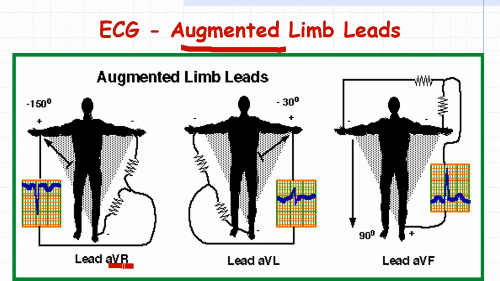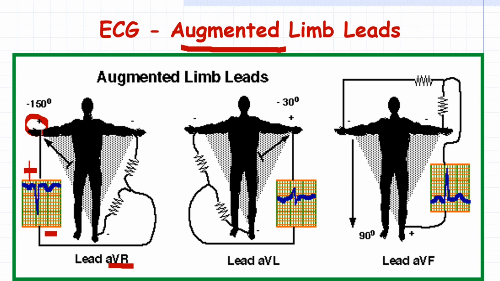In aVR, the active electrode is kept over the right arm and connected to the positive terminal of the machine, and the other two limbs, the left arm and left foot, pass through an electrical resistance of 5000 ohm and are connected to the negative terminal of the ECG machine.